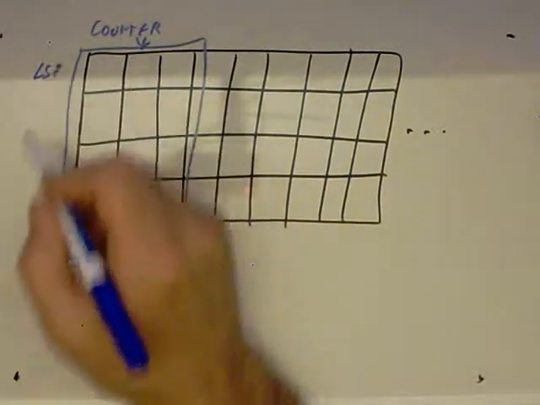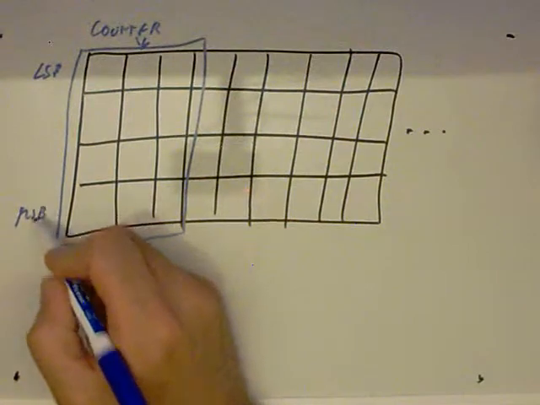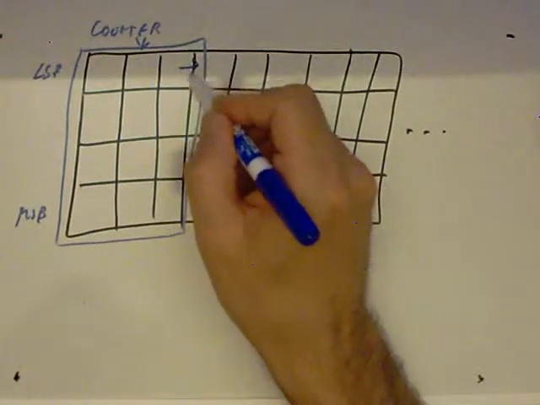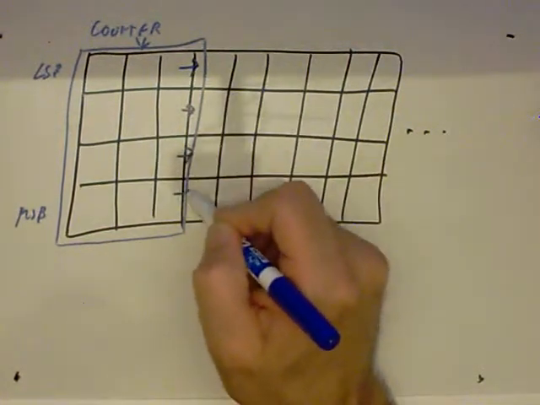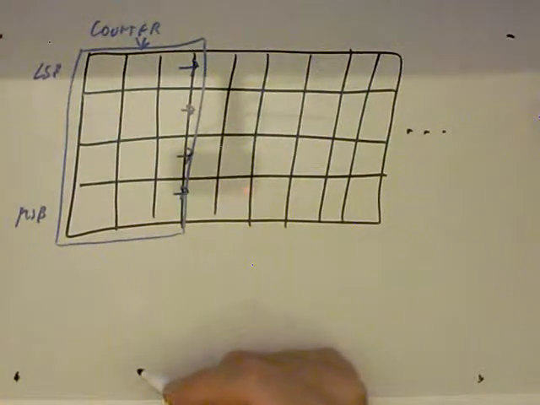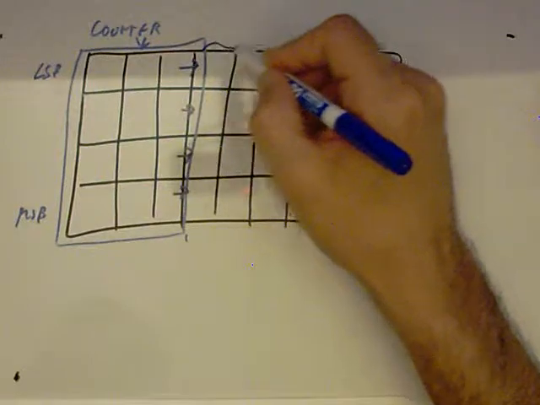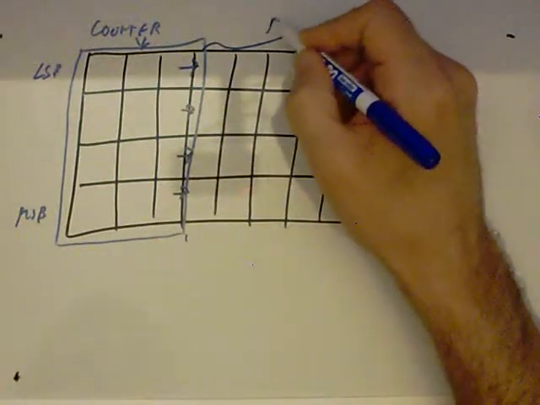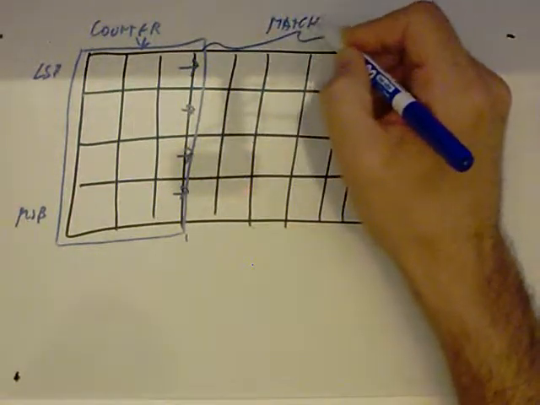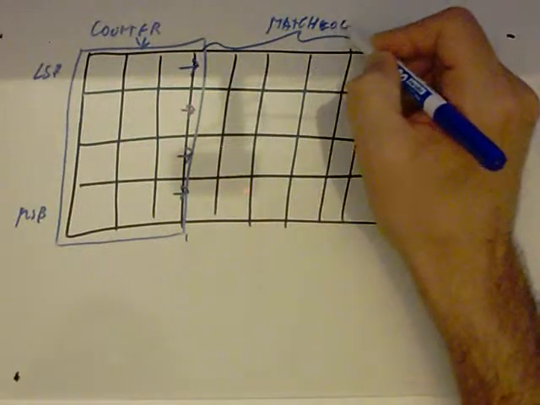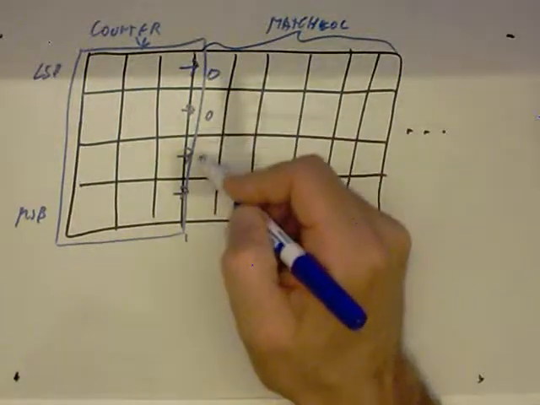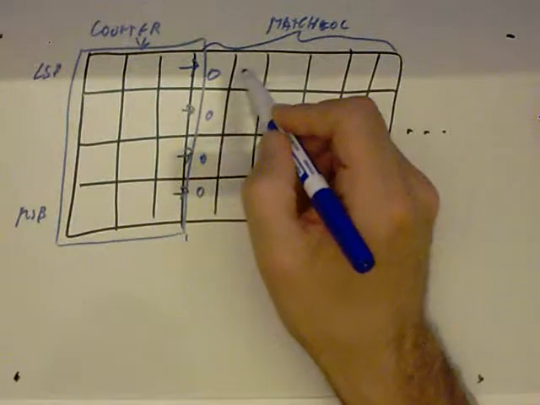This is least significant bit, most significant bit, and our count value is coming out of the east of this column of cells, and we can set these up to be match columns. And we can ask this to match a row of zeros.